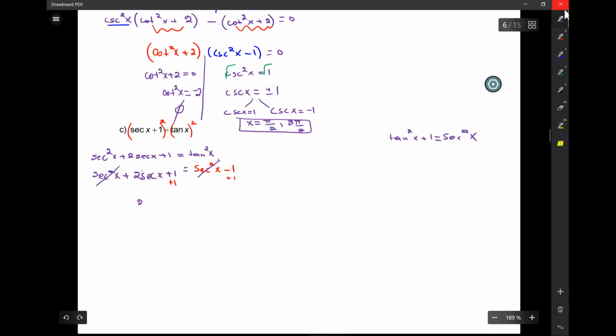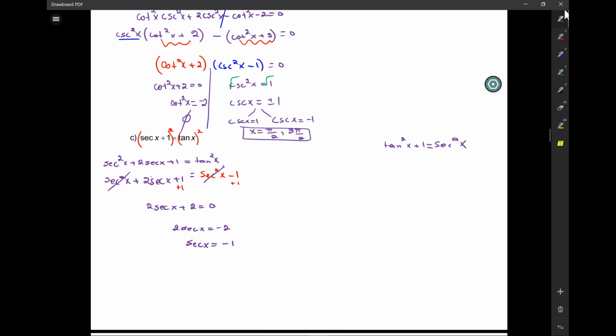So 2 secant x plus 2. I should have done it the other way. What's secant x then? Just negative 1, right? So secant of x is negative 1.